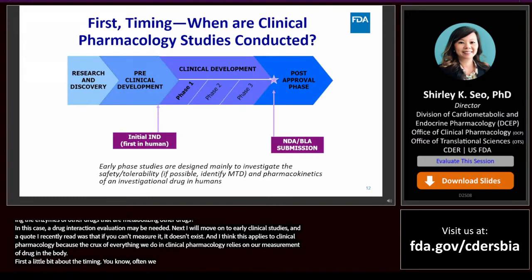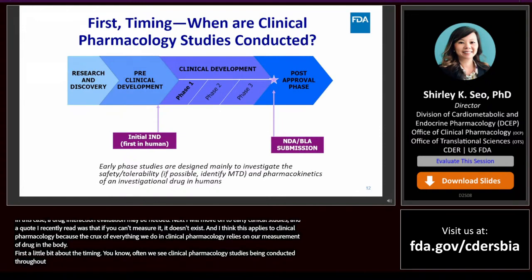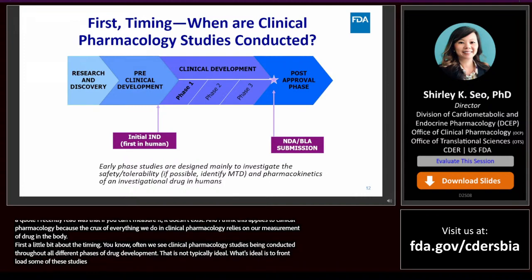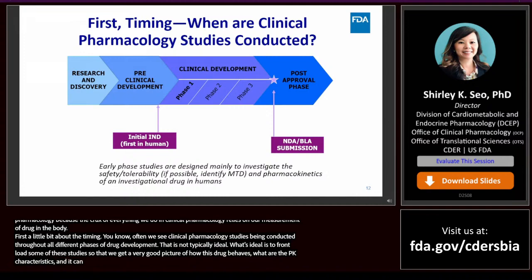Often we see clinical pharmacology studies being conducted throughout all different phases of drug development. That is not typically ideal. What's ideal is to front load some of these studies so that we get a very good picture of how this drug behaves, what the PK characteristics are, and it can help contribute to dose finding for phase 2 studies, dose finding for phase 3 studies, of course.